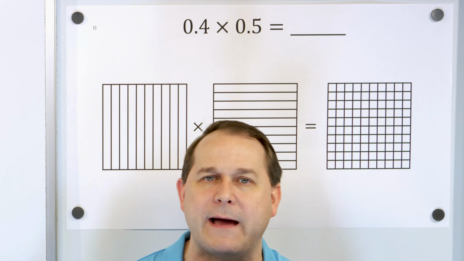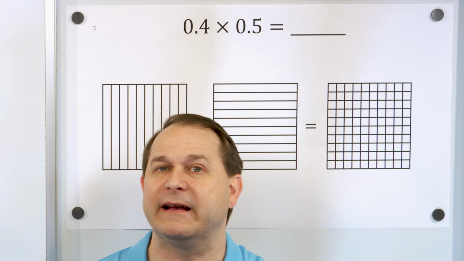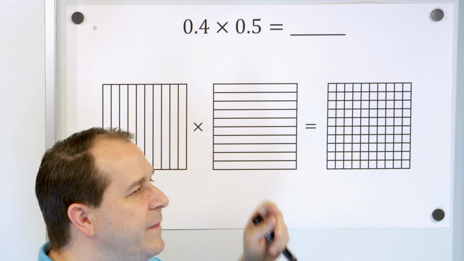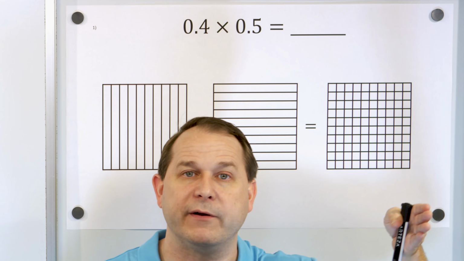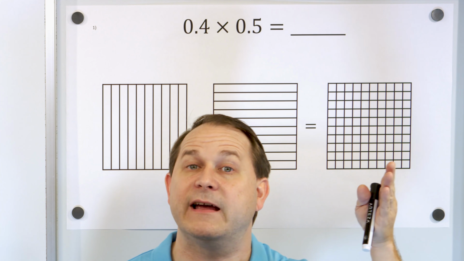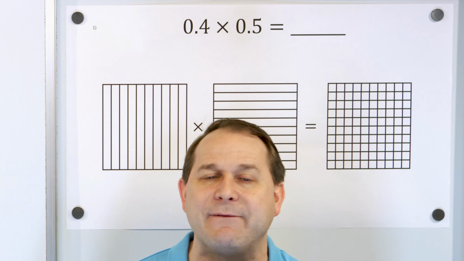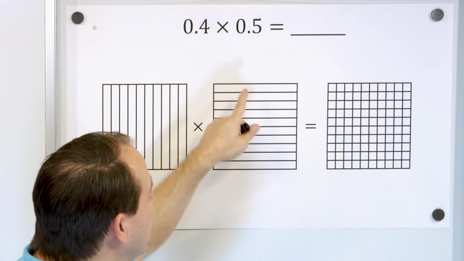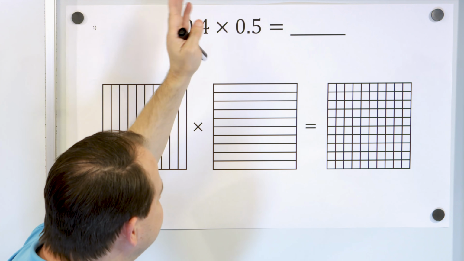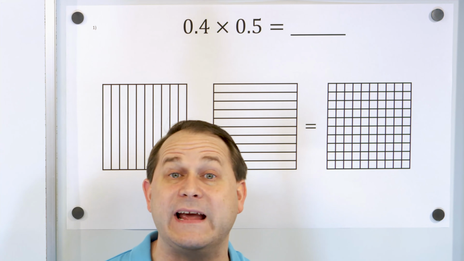And this decimal amount of 0.5 is the same thing as cutting it in half. If we were chopping this thing times 1, then nothing would change. 0.4 times 1 is 0.4. But instead of 1, we're multiplying by a half. So we're chopping it in half. So whatever we start with, when we multiply by 0.5, we're just cutting it in half, and that's going to be what the answer is.